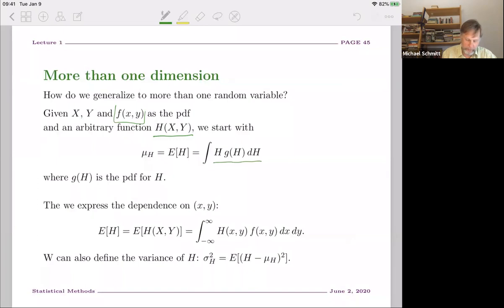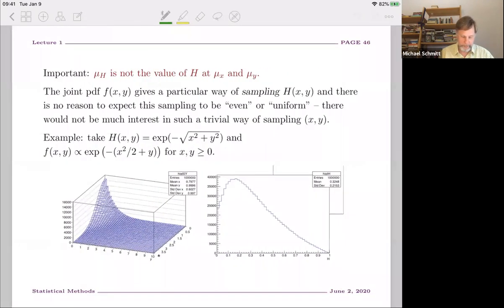We can also express the dependence on x, y by going back to the PDF in x and y. That gives us the mean of h. And we can also get the variance in the same way. So there's nothing special about having more than one dimension. You can just as easily get a mean and a variance that way. Okay.